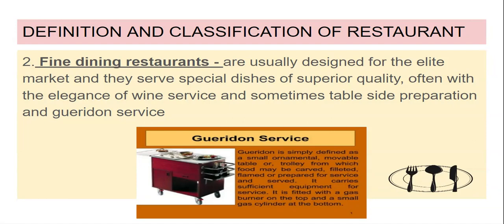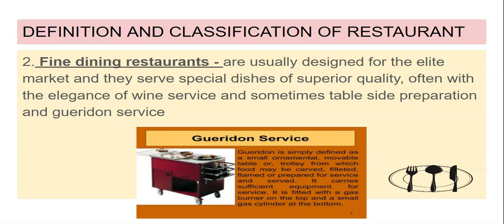So, this is very different from the other classifications of restaurant. The customer's request itself can be executed, or it is being presented in front of the customers in the restaurant. So, it carries sufficient equipment.